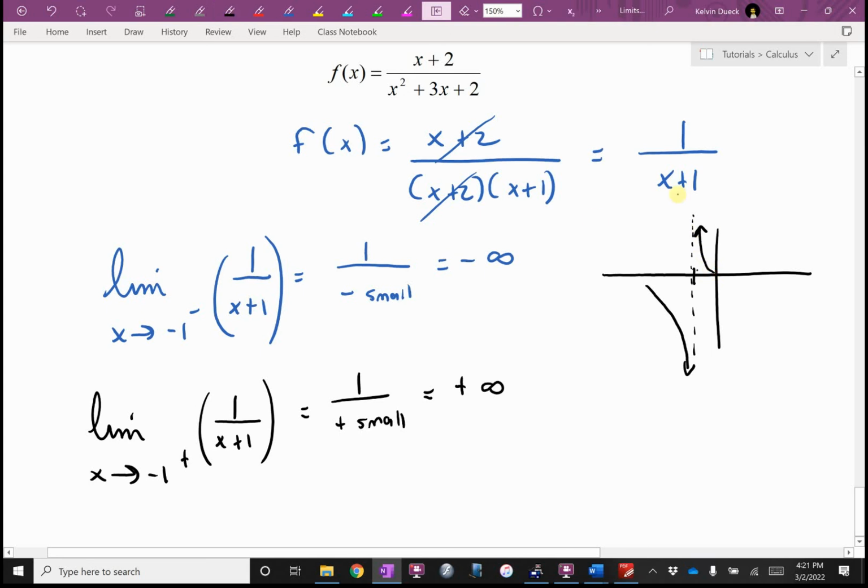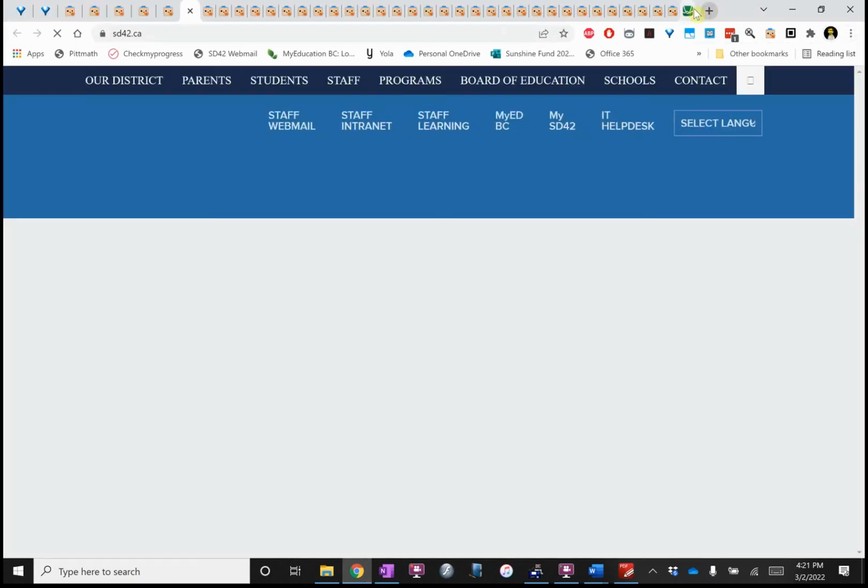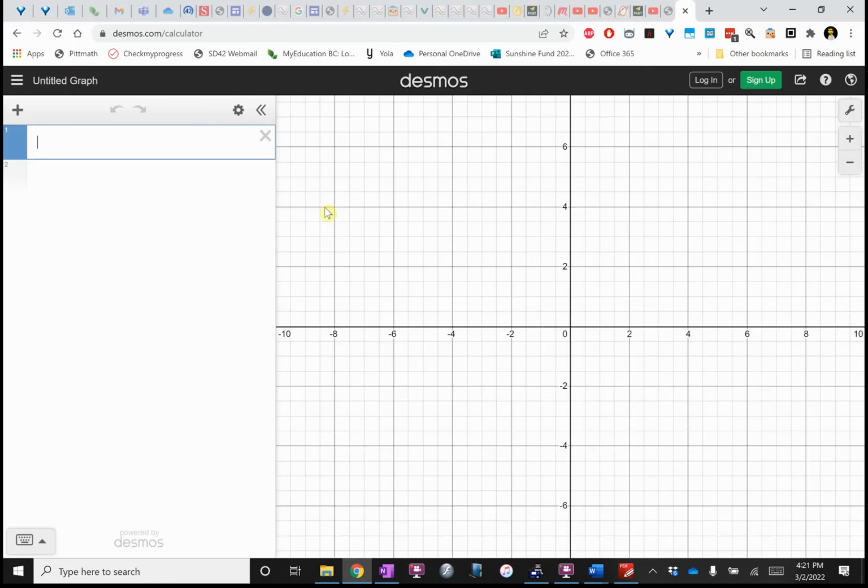So just for giggles, let me see if I can go to my Desmos software and graph this. I thought Chrome had crashed. Let's go to Desmos. Come on, calculator, you can do it. What was the function?